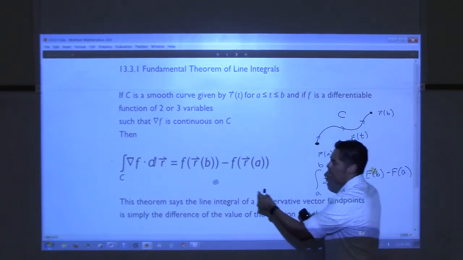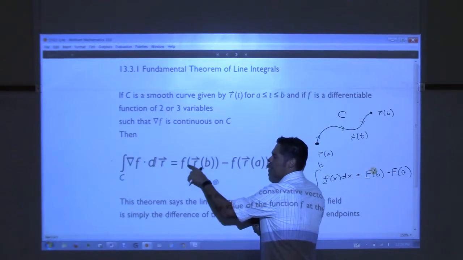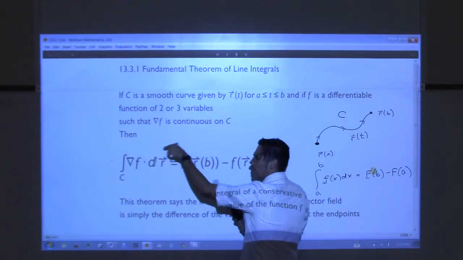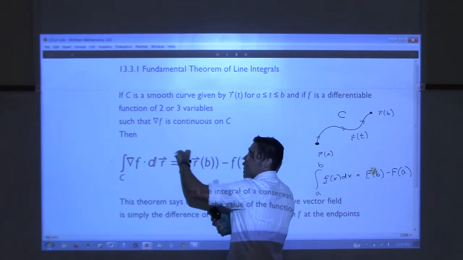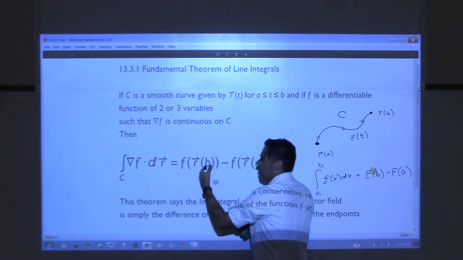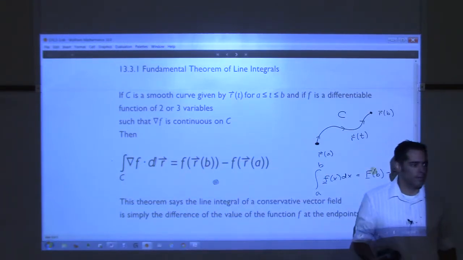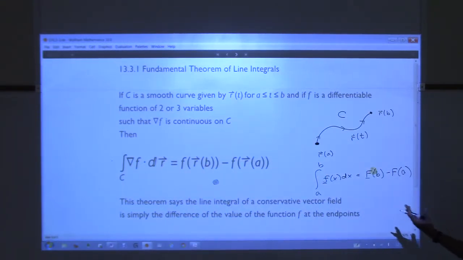Over here, I have little f, and what's the thing inside the integral? The derivative of little f, the gradient. So this is almost like your capital F and your little f. And then it says you evaluate at the two endpoints of the curve. So you should see a similarity in these things.